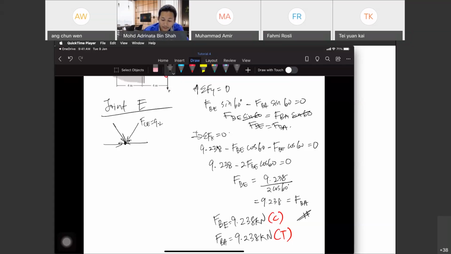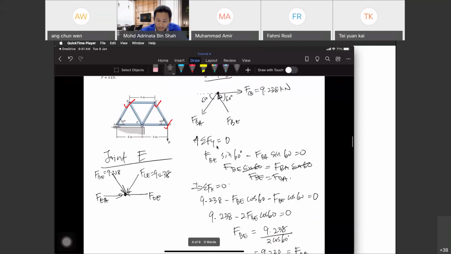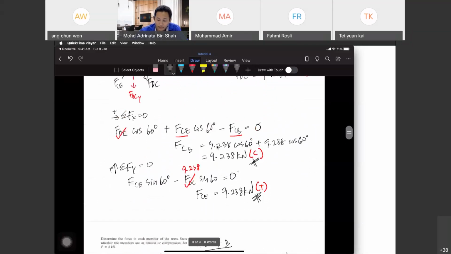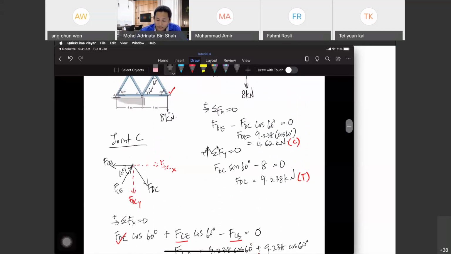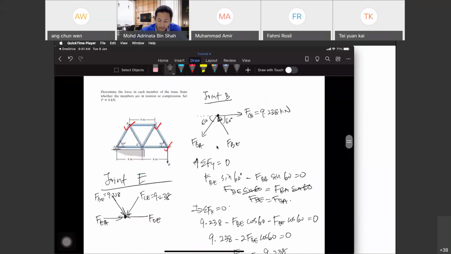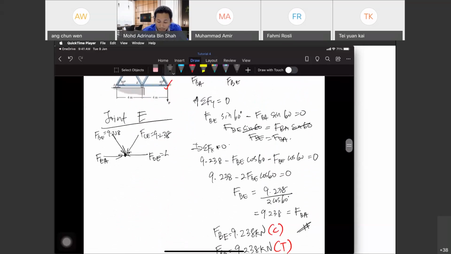Okay, now FCE, and we have FCE, FBE, FBE equals to 9.238 kilonewton, FEA and FDE. FDE, we have calculated FDE. Okay, so FDE is 4.62 kilonewton.